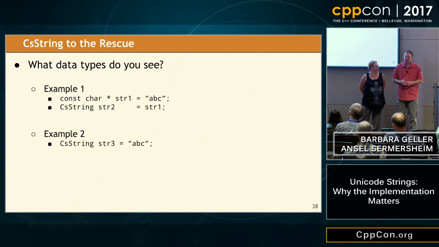Would anybody care to guess what data types exist on the first line of code in here? So "ABC", the encoded string ABC, is a reference to an array size 4 of const characters. Yes. And s1 is a pointer to const char. Very well said. Yes.